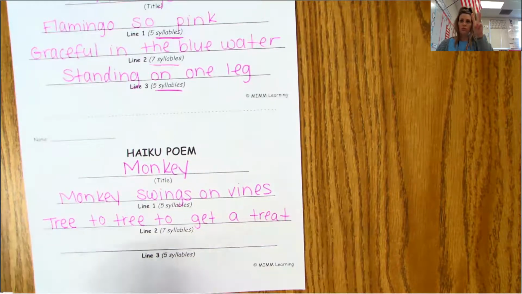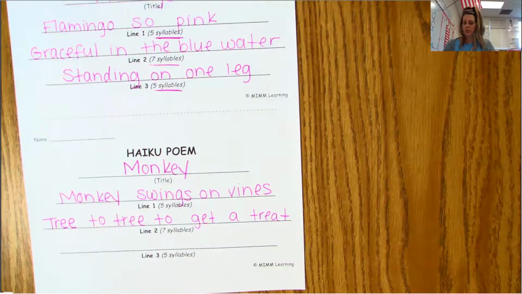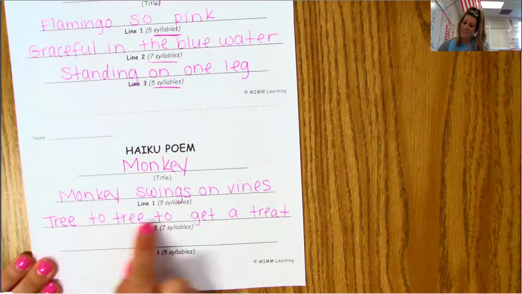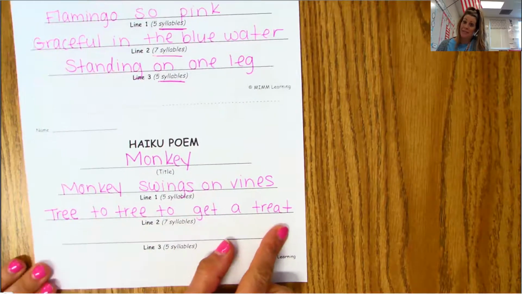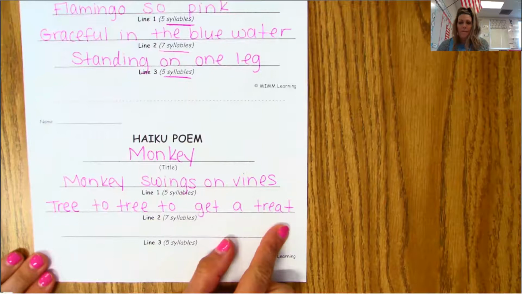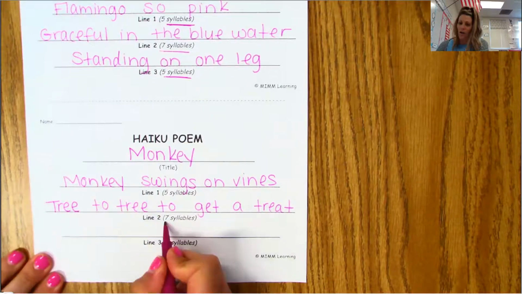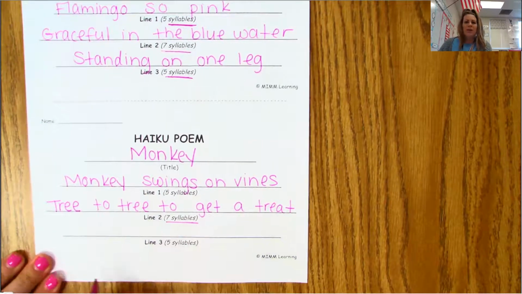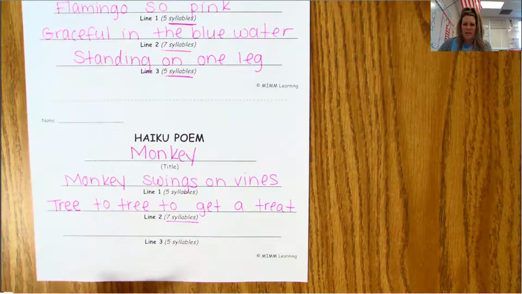Those are all just one syllable. Tree to get a treat. Those are all 1 syllables. 1, 2, 3, 4, 5, 6, 7. So this time I actually did have 7 words, but not necessarily all the time. Okay. So I'm going to keep with that, but I wanted to do banana. Okay. So monkey swings on vines, tree to get a treat.